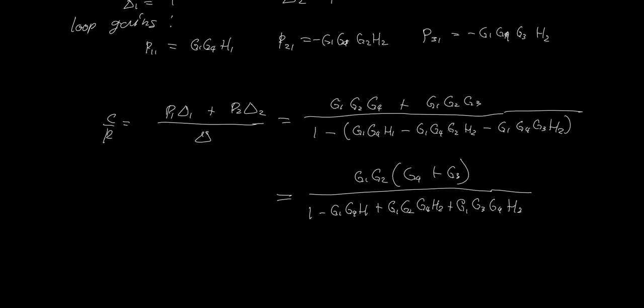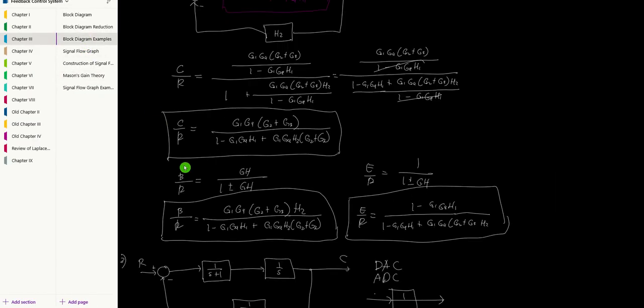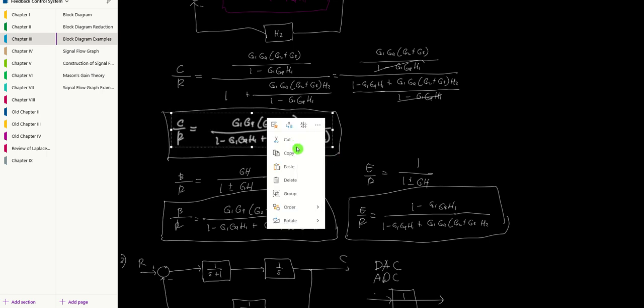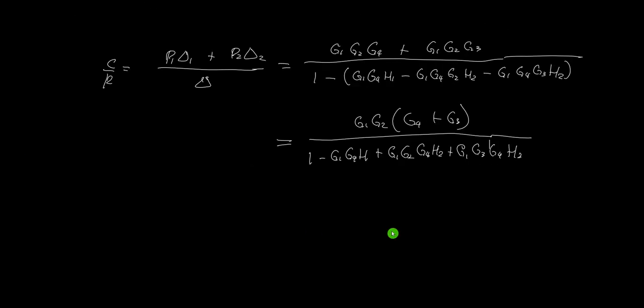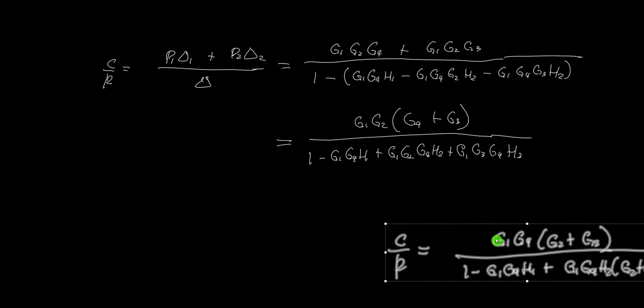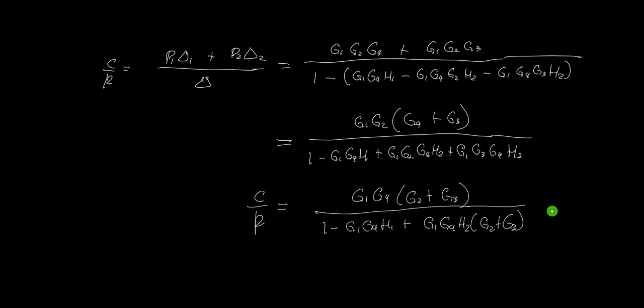And if we look at our answer from our previous example, the block diagram, C over R, this one, you can just copy and we compare it with our answer here. So this is the answer in the block diagram.